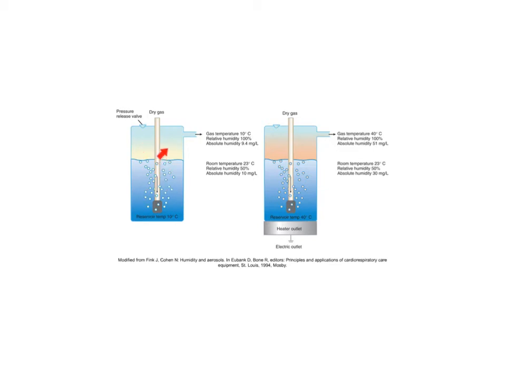So when it gets up out of the water, then that gas is going to go to the patient. This is the pressure relief valve, and this is an example without heat. Here's an example with heat.